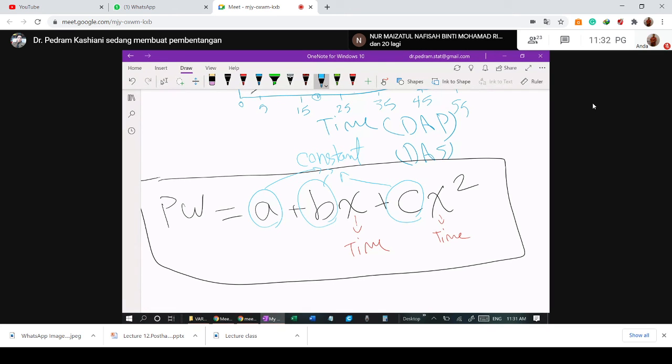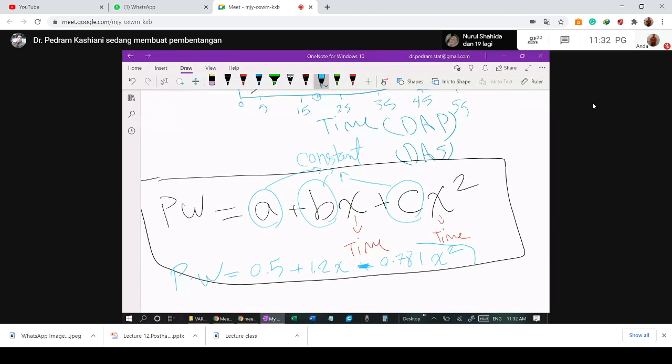For example, your result will be 0.5 plus 1.2x plus or minus 0.781x squared. This became your plant weight.